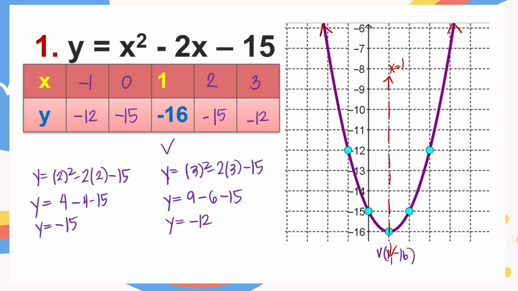And then, for the range naman, yung range is starting doon sa value ng k which is -16 pataas. So, kasi pag sinabing range, set of all values of y. So, from -16 pataas na. Kaya y is greater than or equal to -16. So, there you have it, the graph of quadratic function.